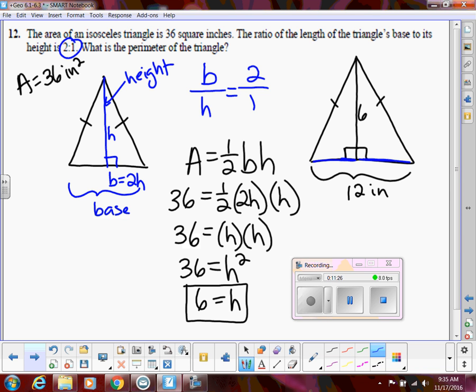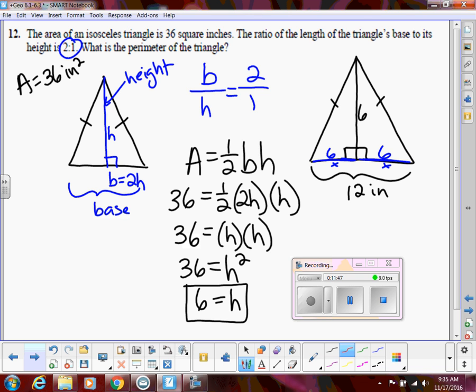That base has to be cut in half equally, and remember we did isosceles triangles and why these would be congruent triangles and these would be the same. So these are both the same. If they add up to be 12, each of these would also be 6 inches long.